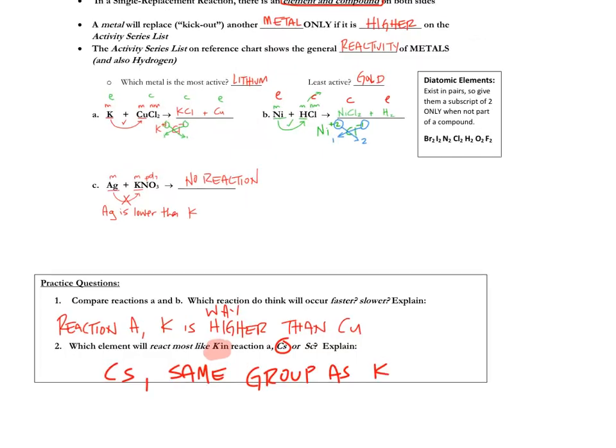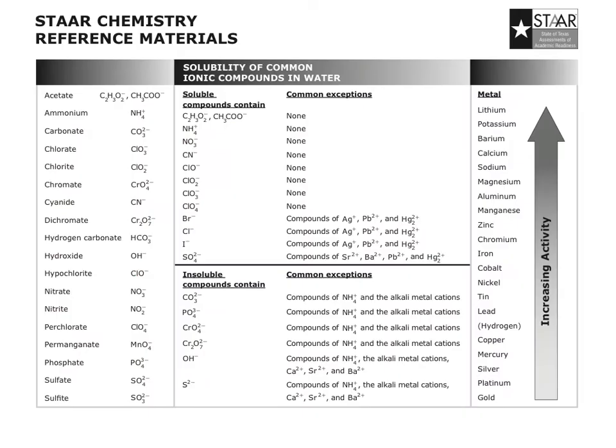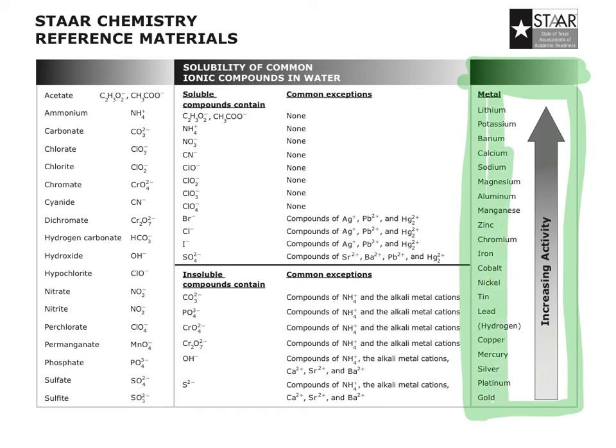All right. The activity series list was on this part of your reference chart, so I recommend that you use the reference chart. You will need it for the lab. Okay, so remember, as metals go up, as they increase on this list, they become more active.